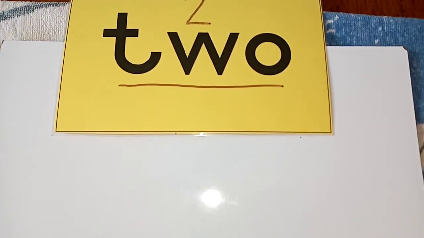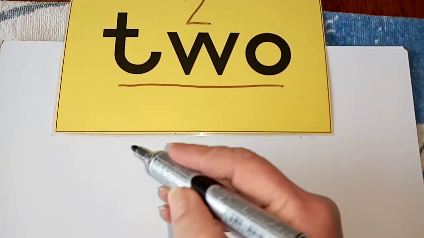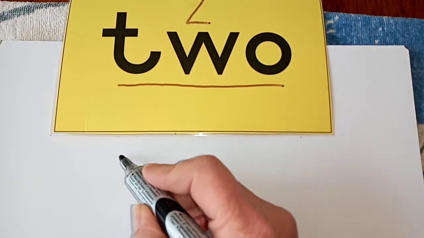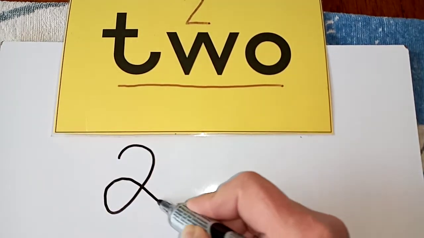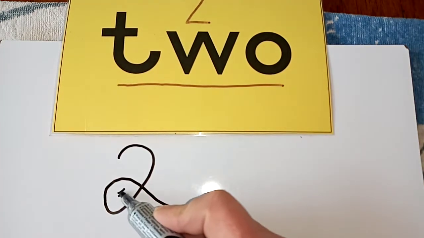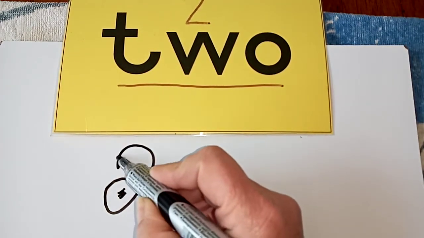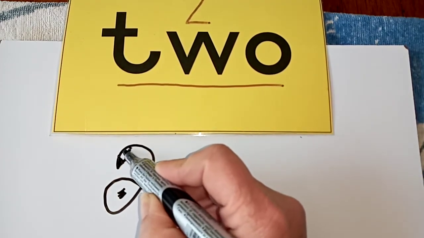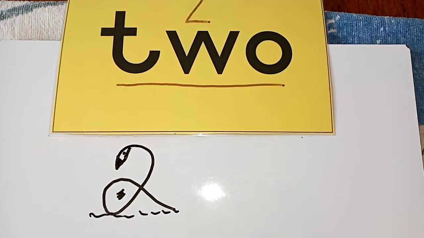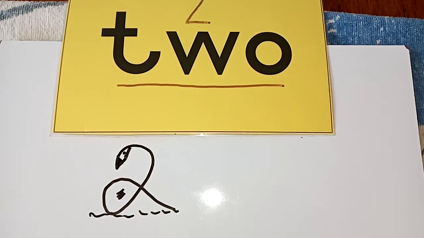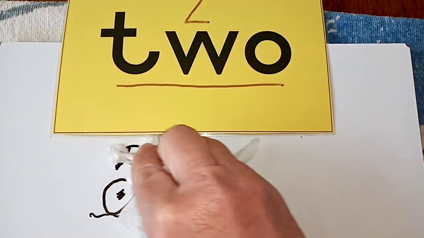I explained to you last week that we cannot have a swan for a number 2, so he can't look like that. And then that's the swan's feathers, and there's the swan's beak, an eye, and they're swimming on the water. That's not a number 2, that's a swan. Right, so we don't give it a belly.